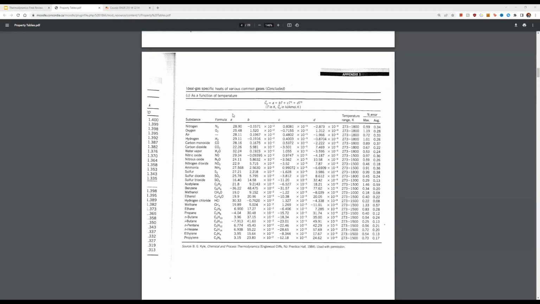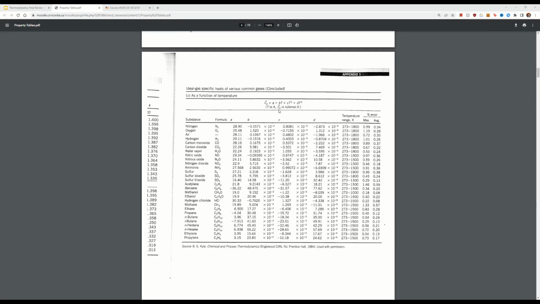And then you have this, which could be used. This is basically a function of CP, so you can calculate the specific heat for different temperatures. For example, we take nitrogen, we implement these constants A, B, C, D within this function, we implement the temperature, and then we get the CP value for that specific temperature.